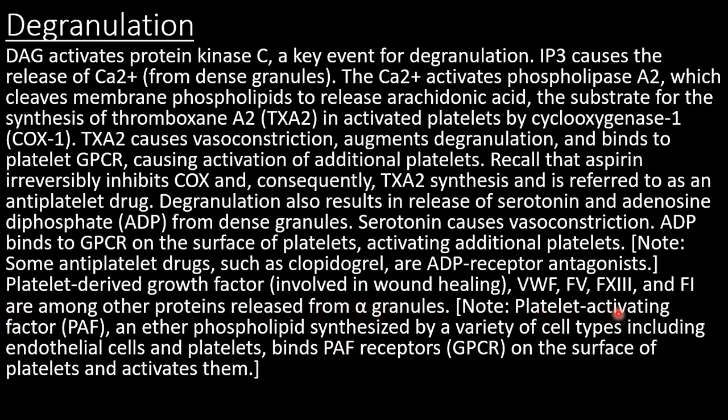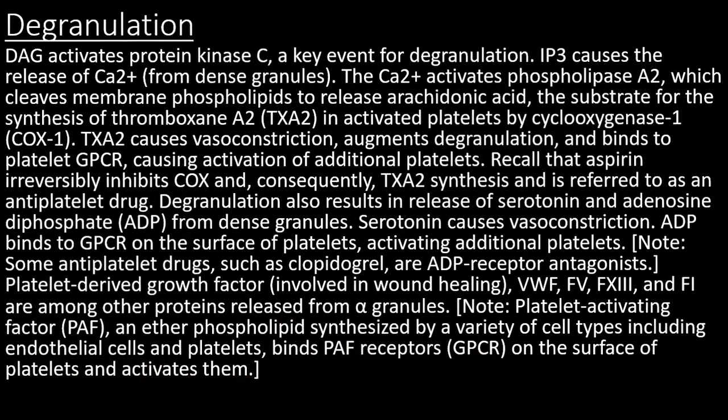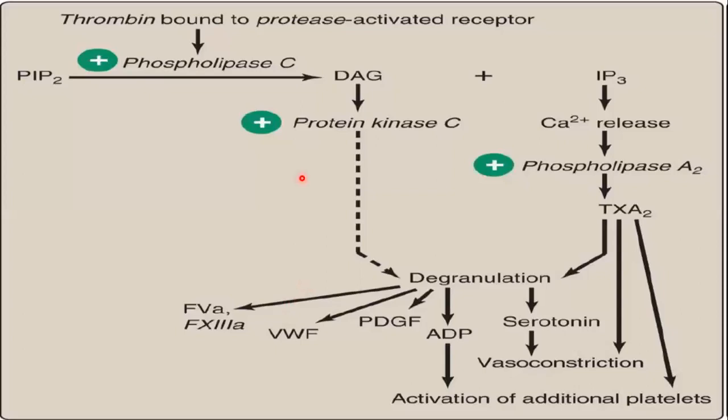Now, note that platelet activating factor, an ether phospholipid synthesized by a variety of cells, including endothelial cells and platelets, usually binds to the platelet activating factor receptors, which are G protein receptors on the surface of platelets, and activates them.